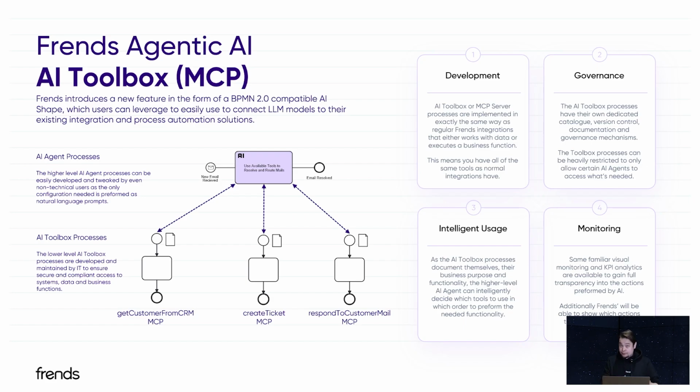And the MCP protocol is there to enable that seamless transition of data and allow the AI to discover the available tools, the available actions that the AI can take. And of course, the iPaaS or Frends is now maintaining that toolbox or those MCP servers that practically offer that functionality, offer that data to the AI.